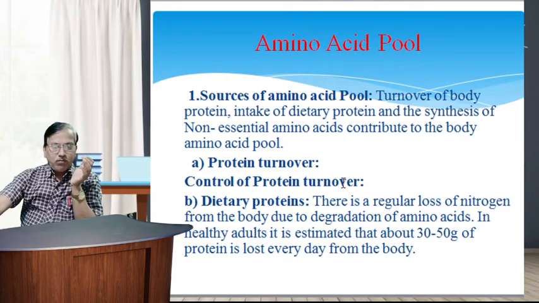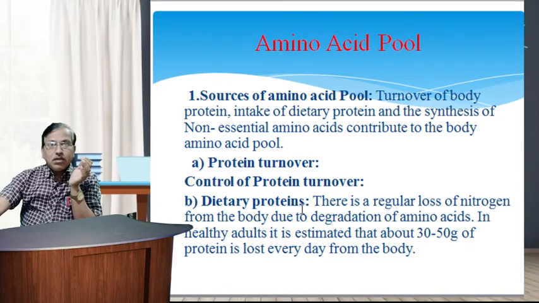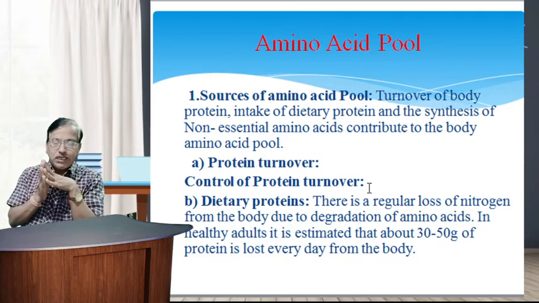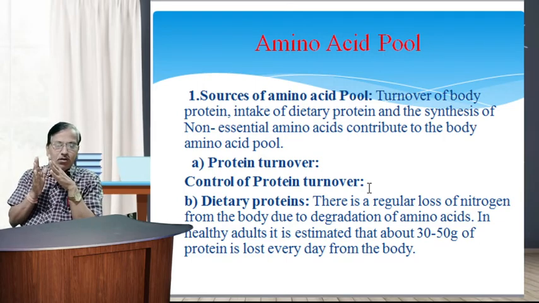In protein turnover, the important thing is that the protein present in the body is in a dynamic state. It is estimated that about 300 to 400 gram of protein per day is constantly degraded and synthesized, which represents body protein turnover.